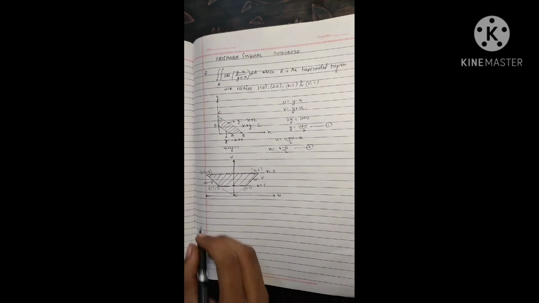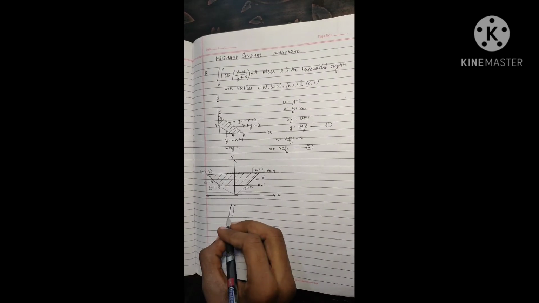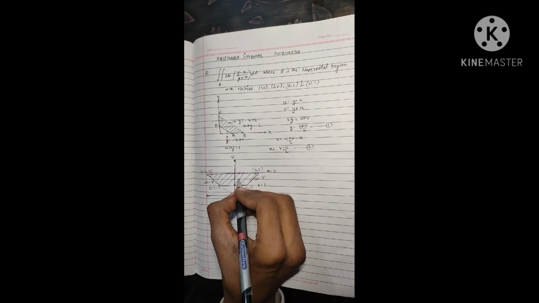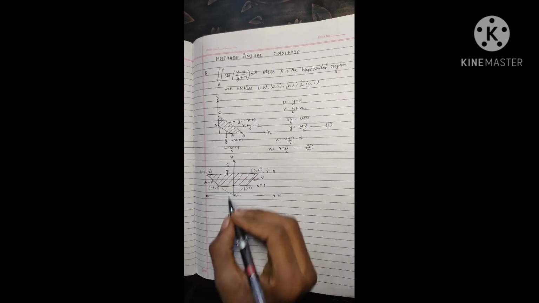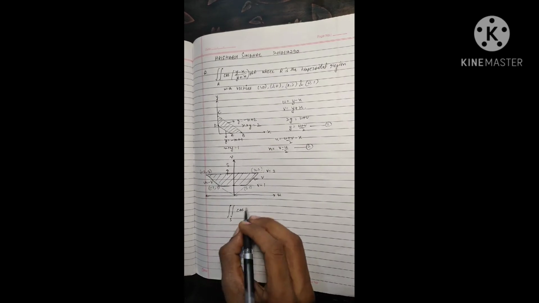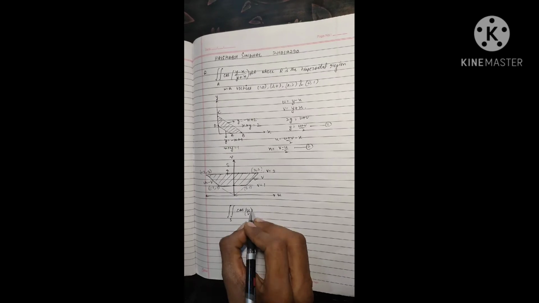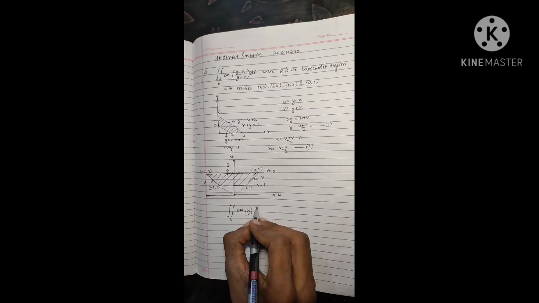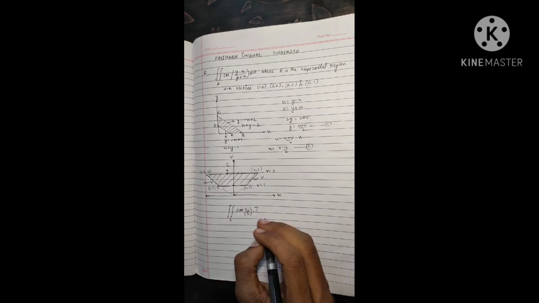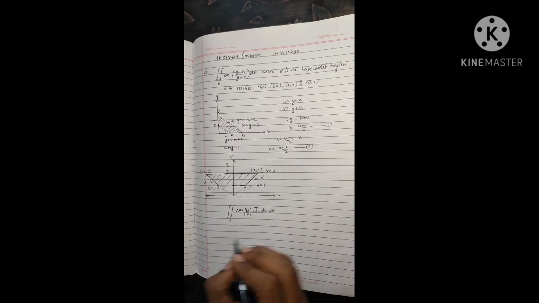So now our integration becomes an integral over, let us name this new region as S, the integral over region S of cos(u over v) times the absolute value of the Jacobian, into du dv.